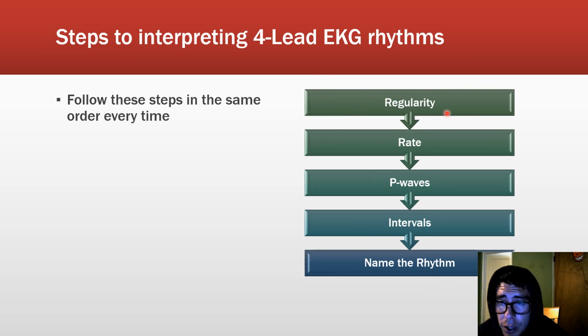So you check your RR interval to see if they're at a somewhat consistent distance. If not, it's possibly irregular. Then we calculate a rate. Then we assess for P waves. Then we check intervals. And then based on all that information, that's all we need to be able to name the rhythm correctly. So we'll name whatever rhythm it is.